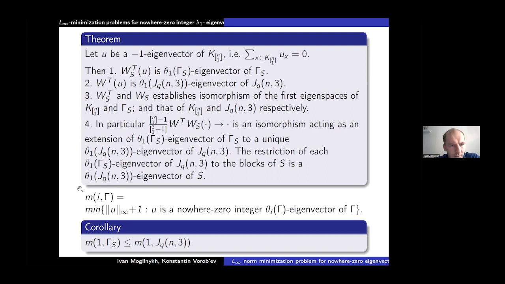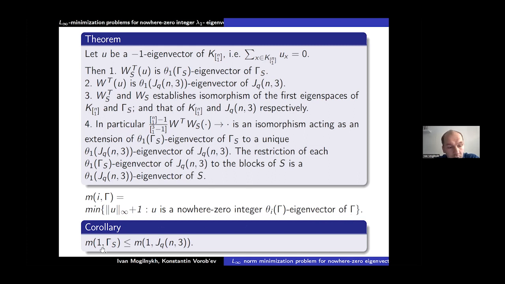So let's look at this theorem from the perspective of our main problem. We minimize the infinity norm plus 1 among vectors that are nowhere zero integer theta_i eigenvectors of graph Gamma.